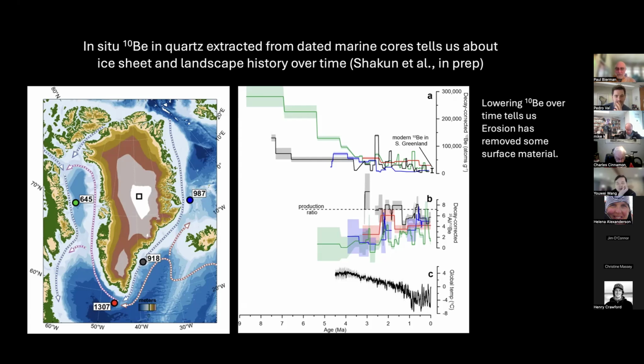The questions to me about this, and people should be thinking about this in the audience, are how does the sediment get from Greenland offshore, right? So it's carried in icebergs, but what's the time it takes for rock that's eroded here to be transported to the coast to end up in a fjord? Does it spend an interglacial in a fjord before the next glacial happens and takes it offshore?